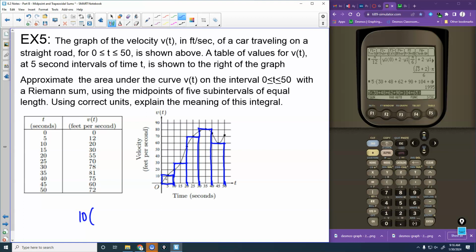They use a V here, so I'm going to say V of 5. And then the next one, I would not use 10, I would not use 20, I use the number in between, so that would be V of 15. And then V of 25, and V of 35, and V of 45. And that'll be my 5 rectangles.